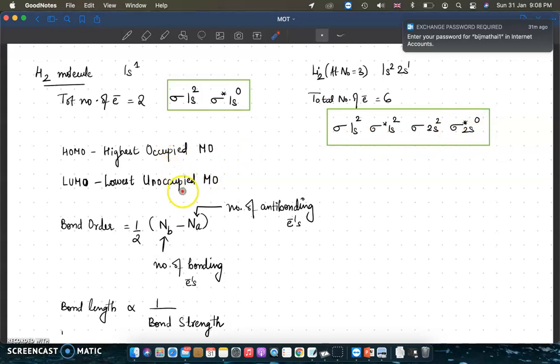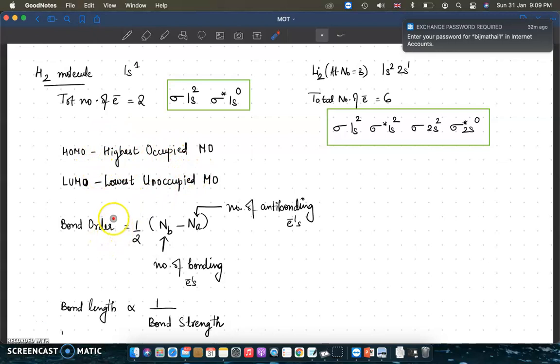These terms literally mean the same thing: the highest molecular orbital that contains electrons, and the lowest energy molecular orbital which doesn't contain electrons. So the lowest molecular orbital which doesn't contain electrons, in the case of Li2, is sigma star 2s. This particular thing you should keep in mind.